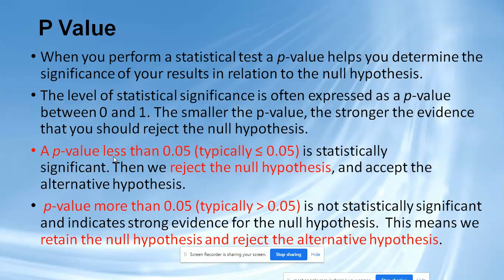The level of statistical significance is often expressed as a p-value between 0 and 1. Probability value is always defined between 0 and 1.